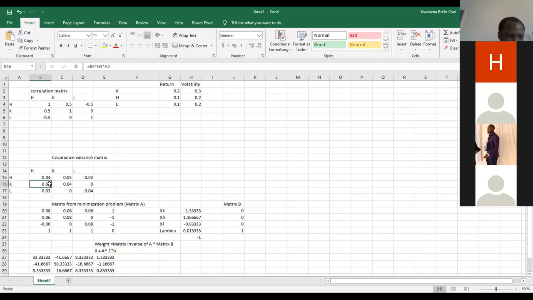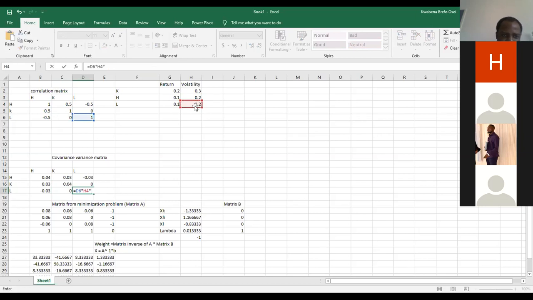And then the variance of L is 1 times L, and times another L. And then L and L is 1 times the variance of L, which is 0.2.